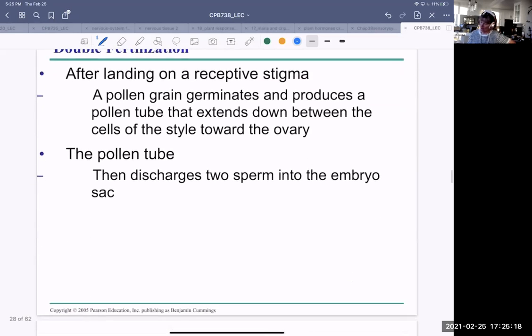So after landing on the receptive stigma, the pollen grain germinates. It's called germinating. It has to fill with water in order to germinate usually. Pollen grains are very tough, so the water helps to soften it, as well as enzymes.